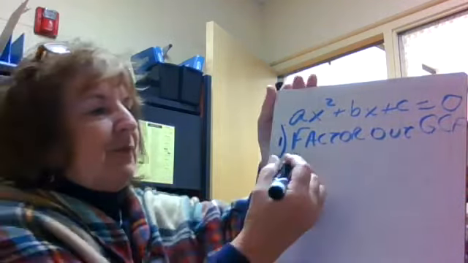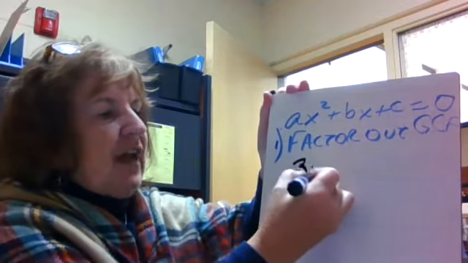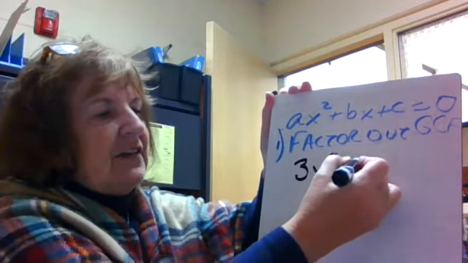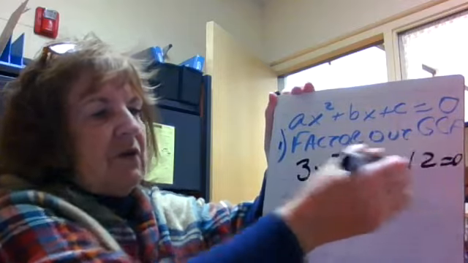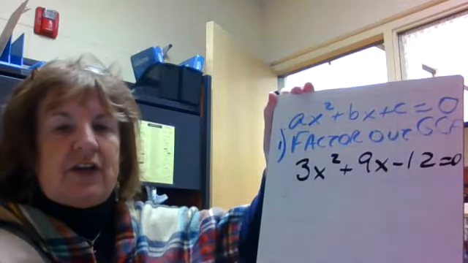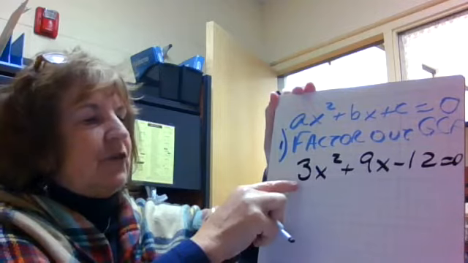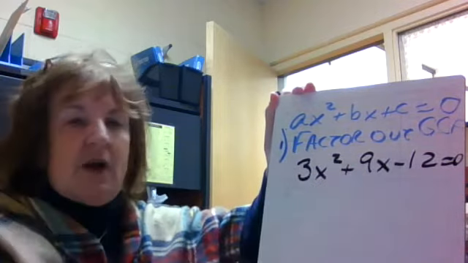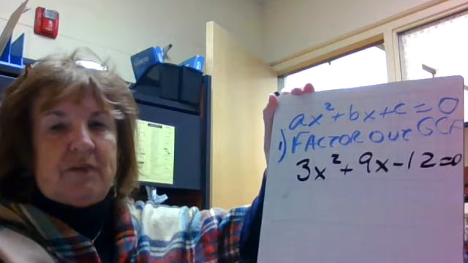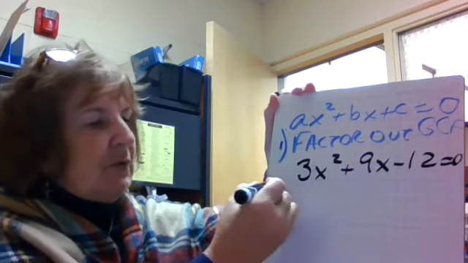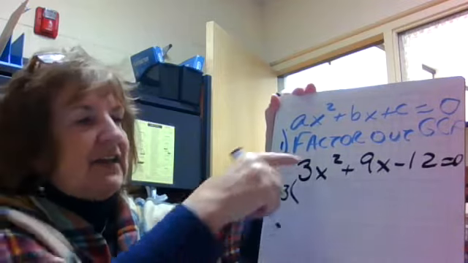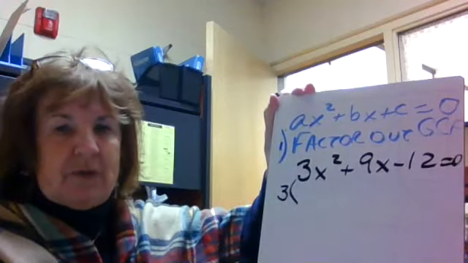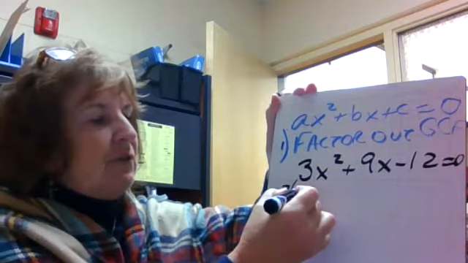Let's say, for example, I had the problem 3x squared plus 9x minus 12 equals 0. Well, if you take a look at that, you can see the numbers 3 and 9 and 12. All three of those can be divided by 3. So what we do is we write that 3 down because we can divide by it, and then we divide every number by 3. So 3 divided by 3 is 1.